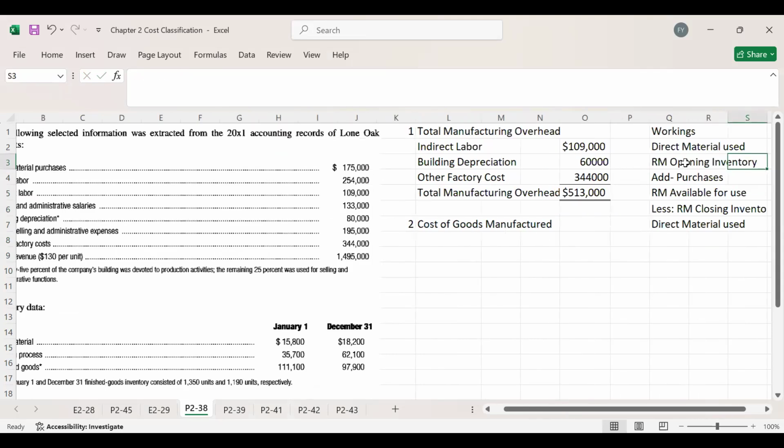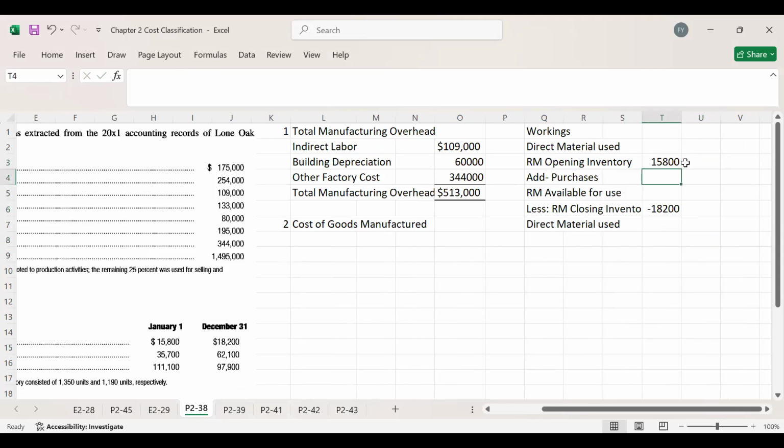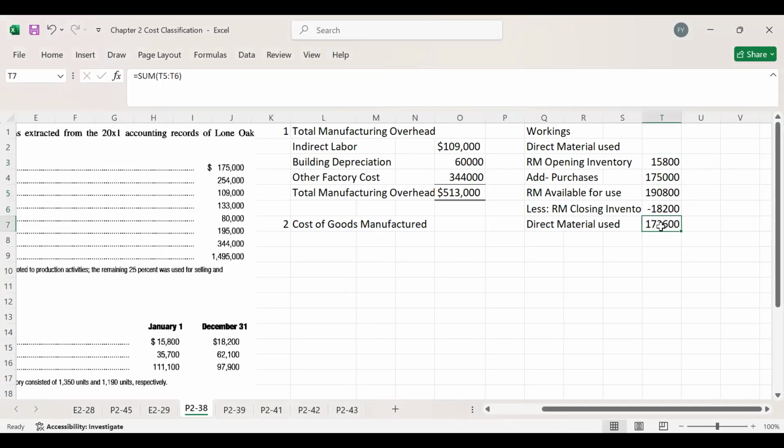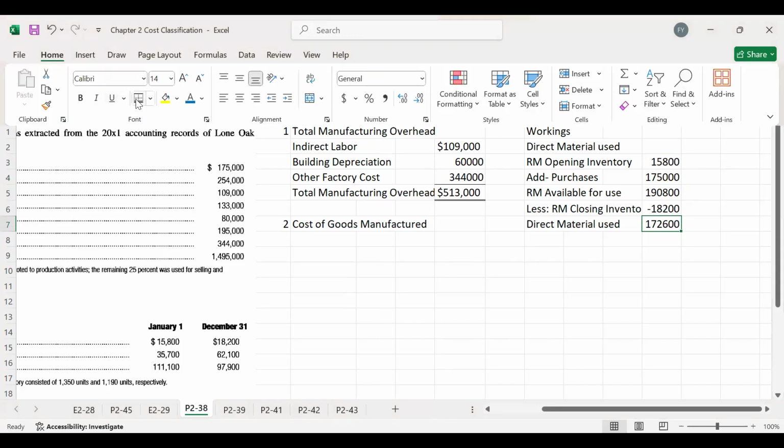So we added 175,000. When we add these two, we get raw material available for use, and then we deduct closing inventory in order to get raw material used. So our total raw material used is $172,600.